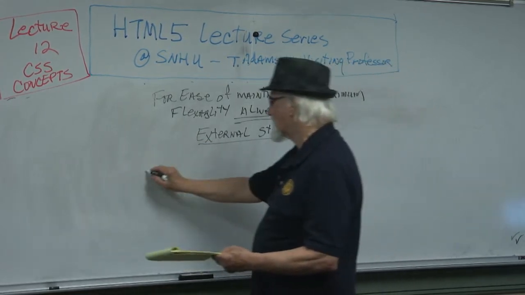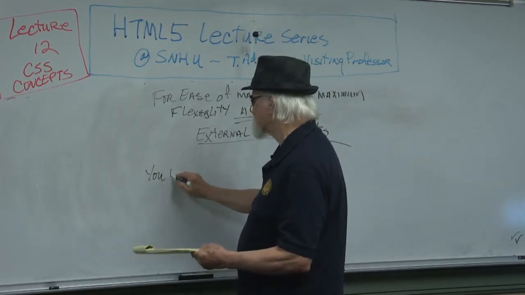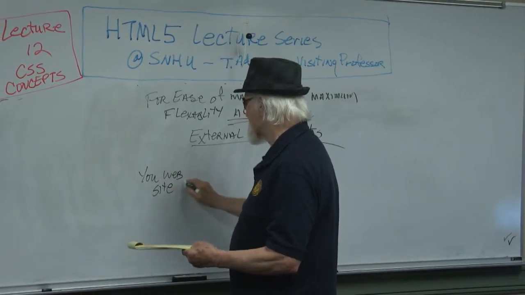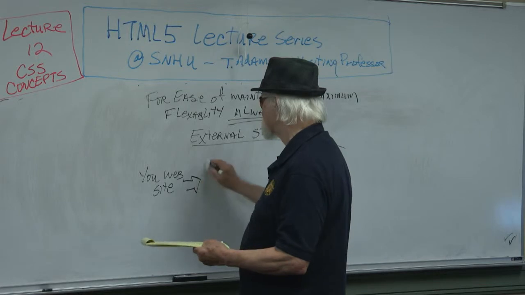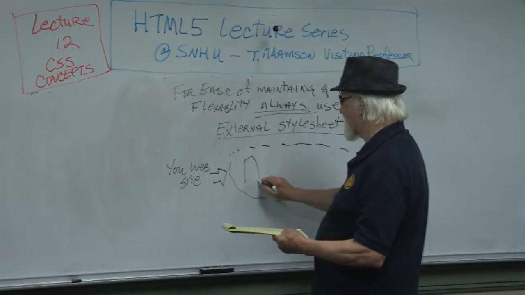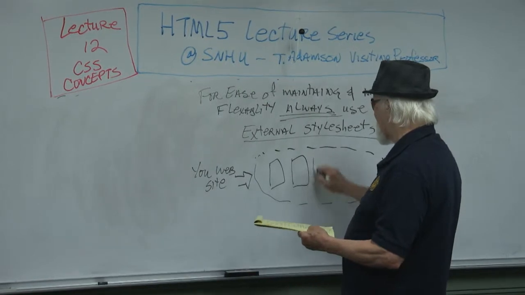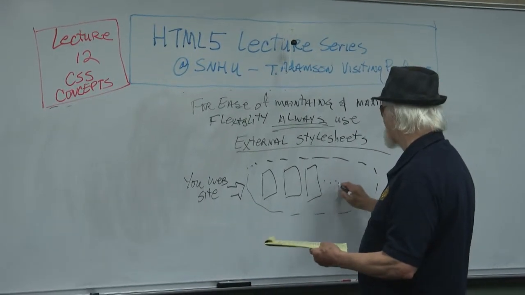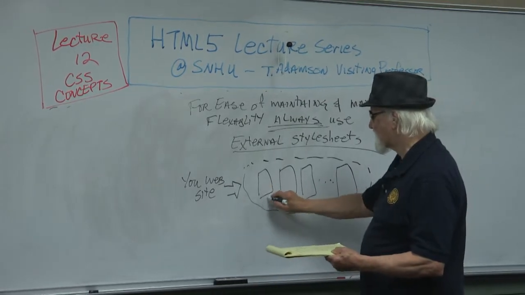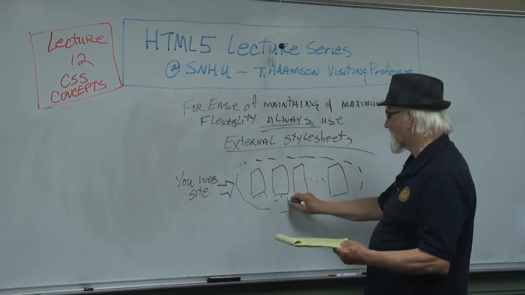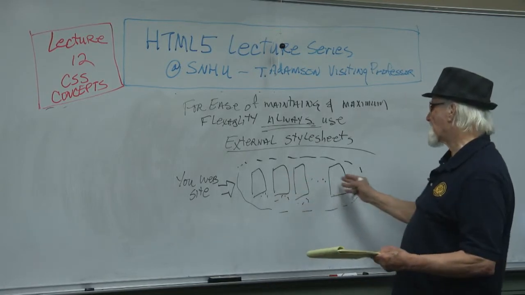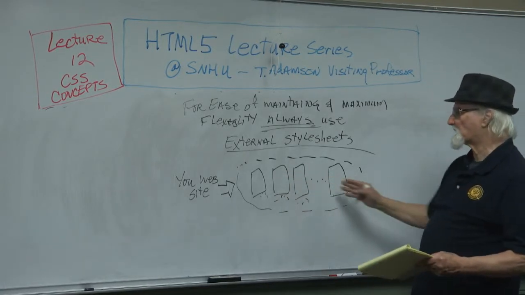The reason why, this might be your website. This is your website here. And your website might have several different web documents to give different web pages. This might be .html, might link to another one .html, might link to another one .html. Generally, you want your style to be consistent in your website.